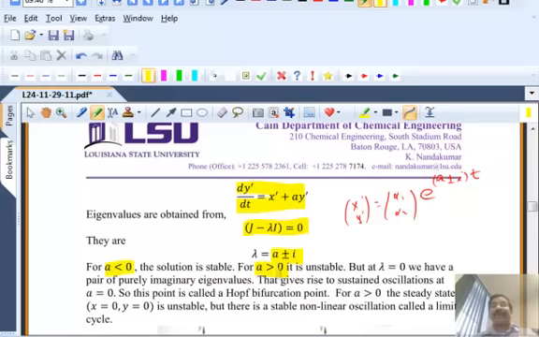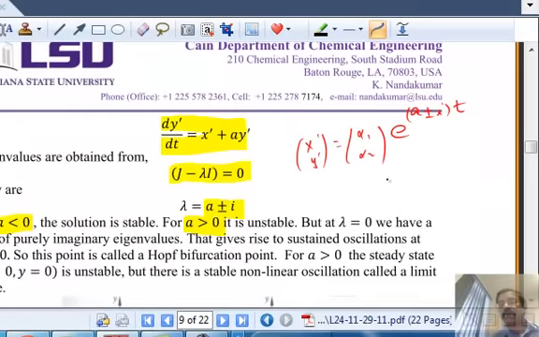It's something that we did in complex variables. e to the power plus or minus it. That is your x prime and y prime. So what will the trajectory look like? Sines and cosines. It's an oscillation. Okay, it gives rise to a sustained oscillation. So that point is called a Hopf bifurcation point.